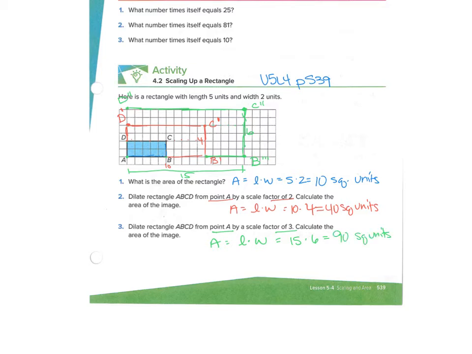In this activity, just from the last class, I want you to see how the area is changing. My new area, my image area, is equal to k squared times my original area. This is how my area changes. It changes by my scale factor squared.